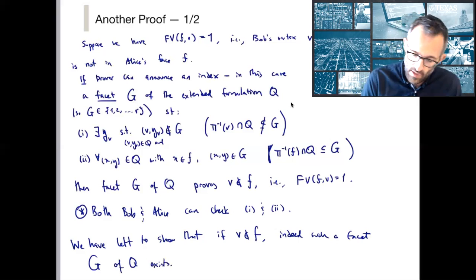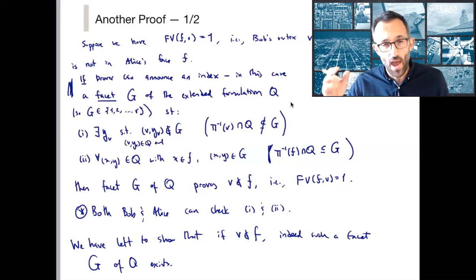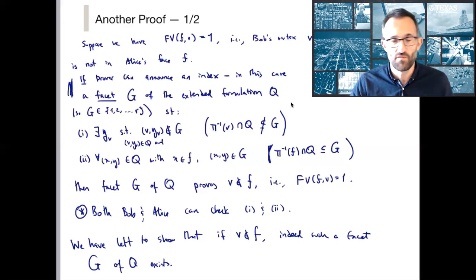Again, let's review. Remember, I said if a prover can find such an index, then we're in business. So we need to show that for any pairs V and F, where V is not an element of F, one of the R facets that define the extended formulation is going to satisfy this property.